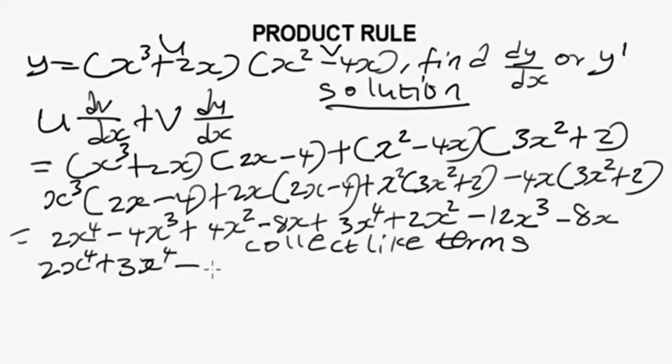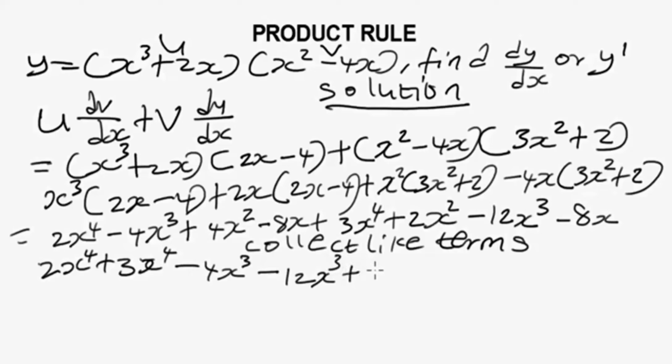We have minus 4x raised to the power 3, and minus 12x raised to the power 3. Right, then let's go to 2.